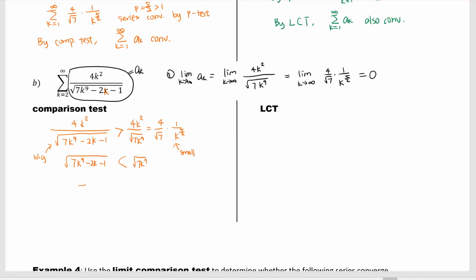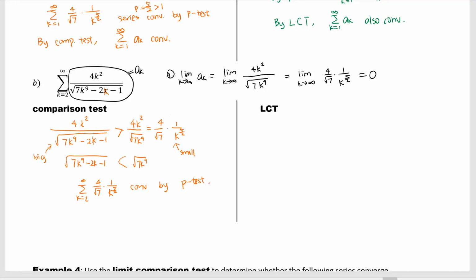And we can remember that the sum from k equals 2 to infinity of 4 over square root of 7, times 1 over k to the 5/2. This guy, the p is greater than 1, so this guy converges by the p test.